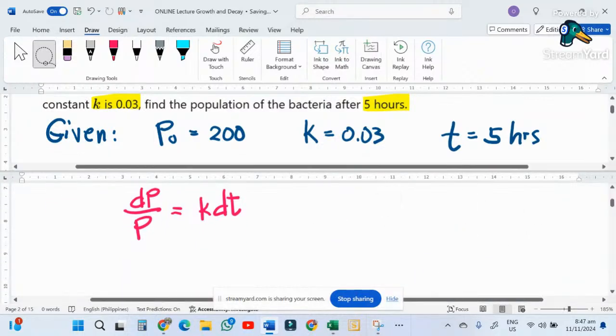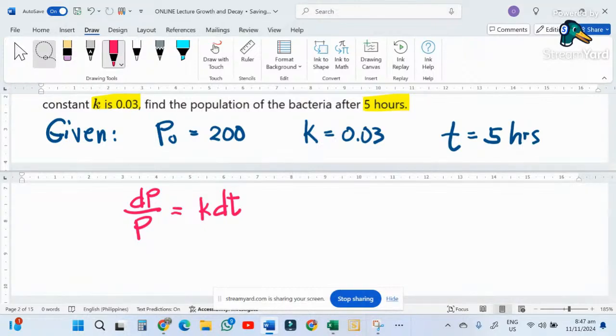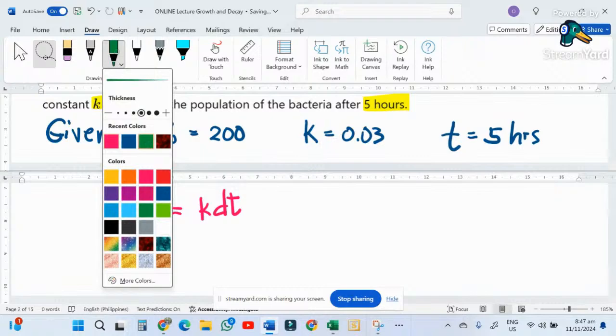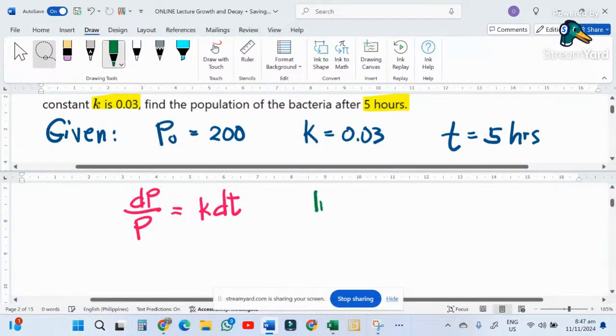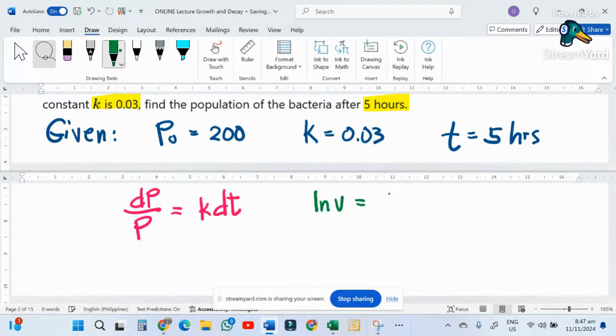Okay. Now let's work on this. We know that ln u is equal to du over u. So if you integrate du over u, you get ln u.